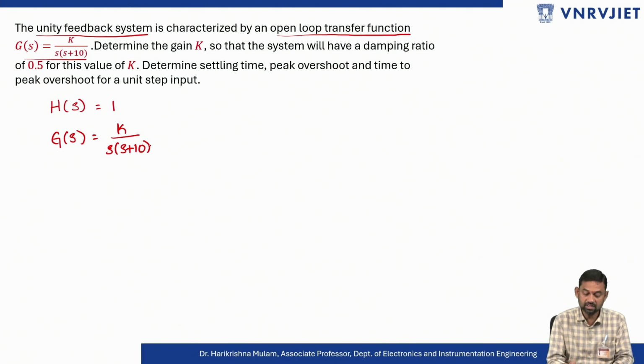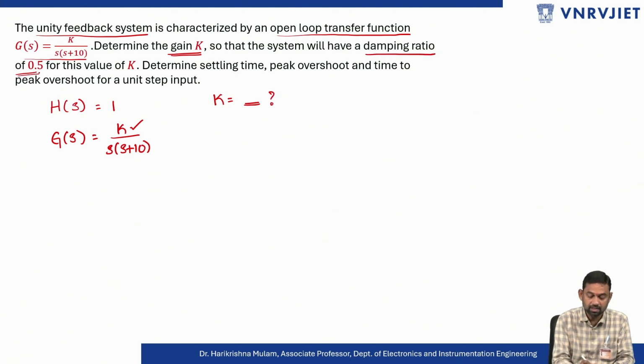Okay, so this is the information that is given, and what we need to find is this K value, so that the damping ratio of the system is 0.5. Damping ratio means zeta. Zeta should be 0.5.